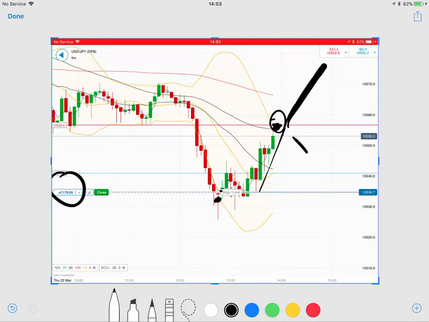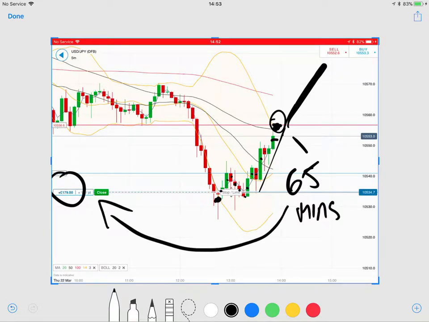Let's count these candles here. 5, 10, 15, 20, 25, 30, 35, 40, 45, 50, 55, 60, 65 minutes. £179 for 65 minutes. A lot of people will be thinking, okay, I'm going to take profit at that, and then they'll sell. So if this is a buy, which I've done here, if I was to close my position, I'd be selling what I've just bought, so that'd be a sell order. So if a lot of people are doing that, you'll see a bounce back, yeah?